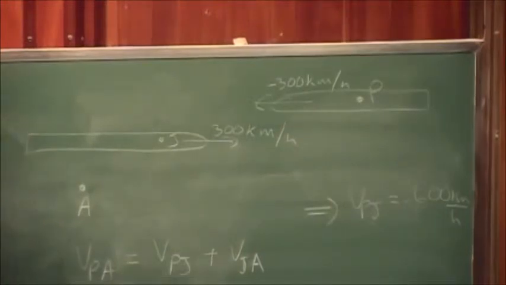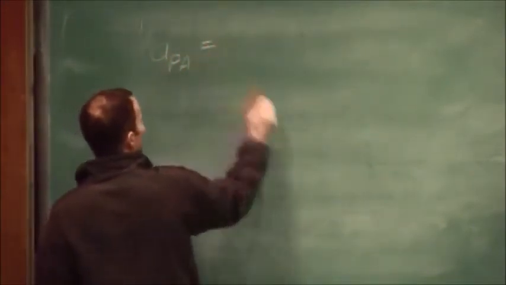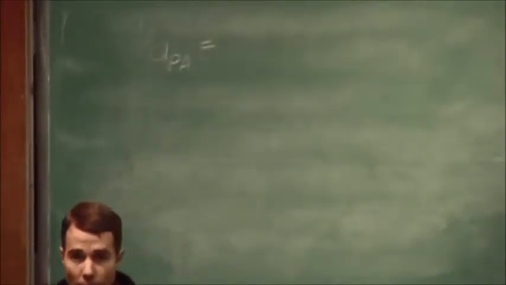I guess that's about 36 seconds, which would be very fast. Nevertheless, we'll do that. So what is the acceleration of P with respect to A? How do we find that? What is the final velocity?